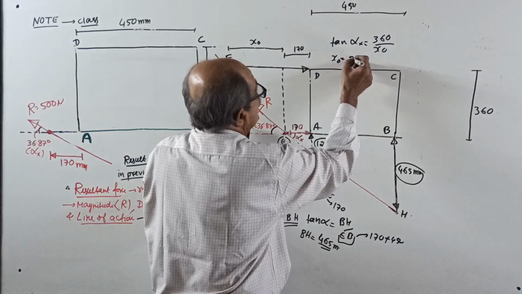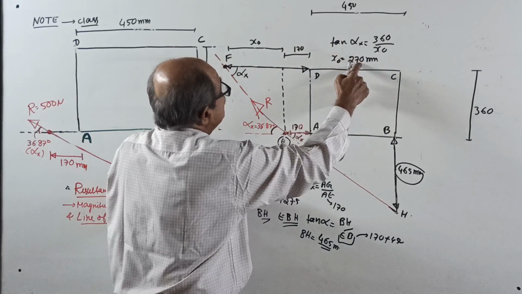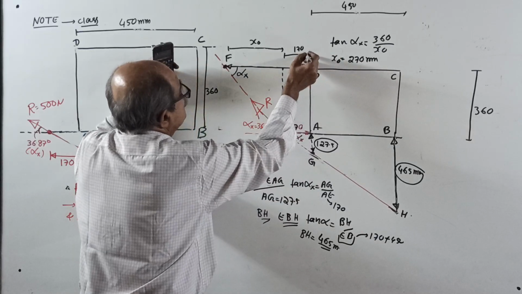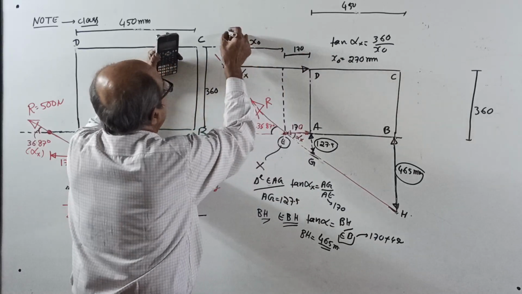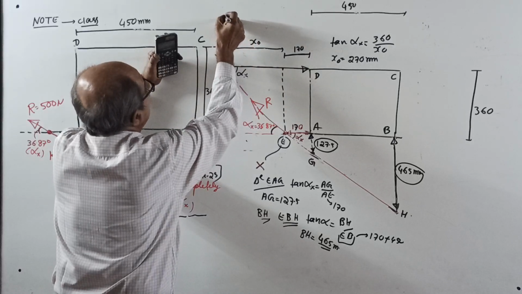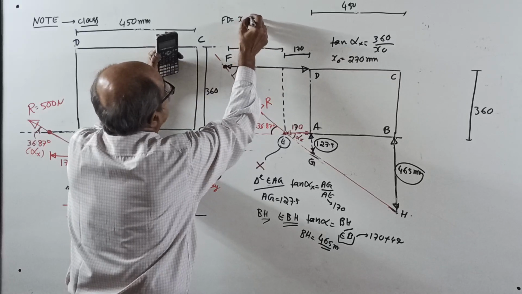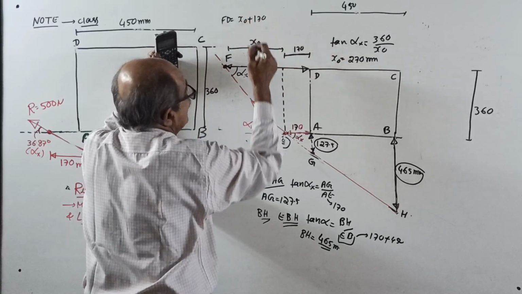270 millimeter. If that is 270 millimeter, this is 170 millimeter. Therefore, your FD equal to, right here, how much? x naught plus another 170. Is it correct?